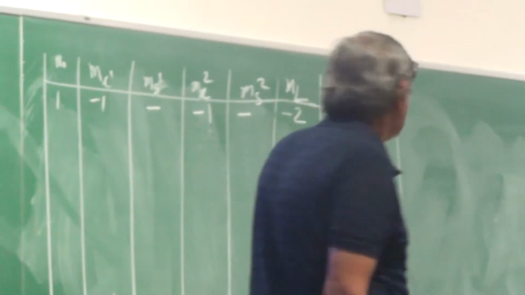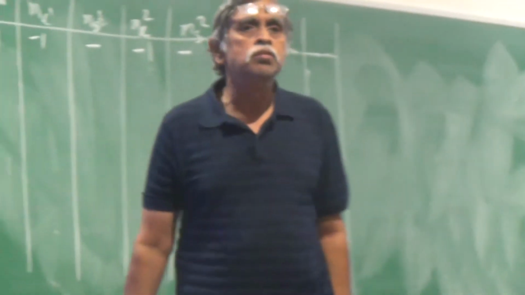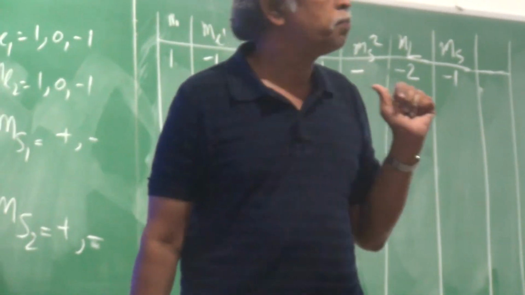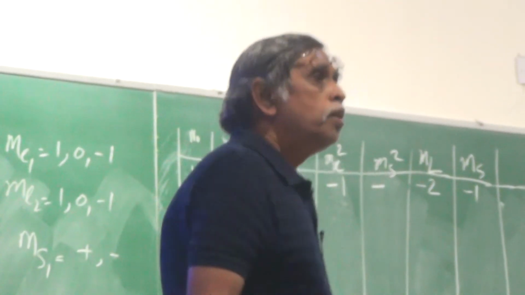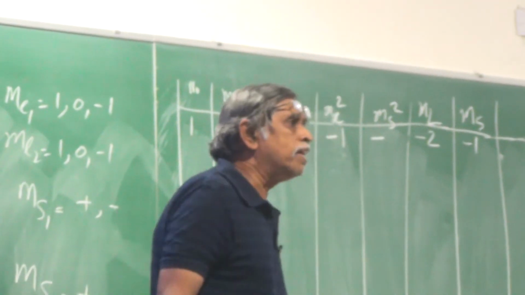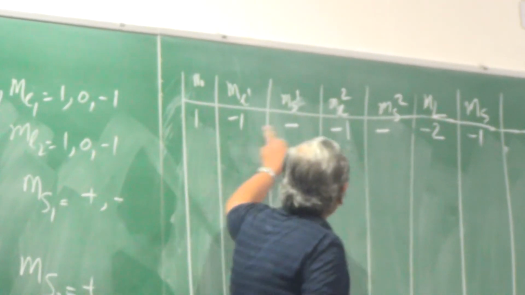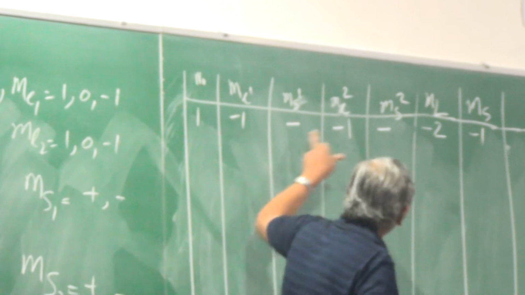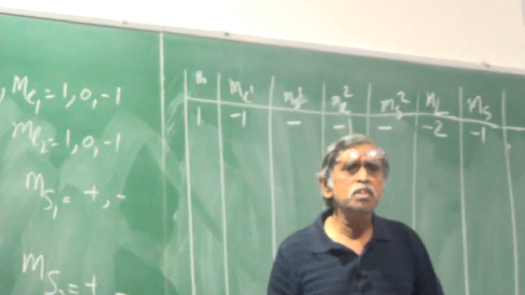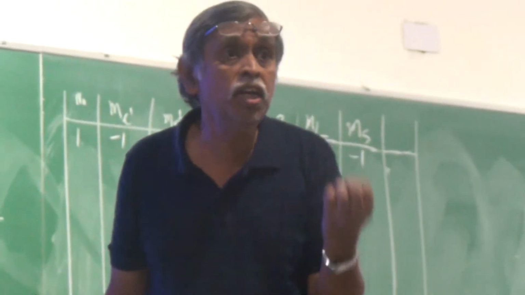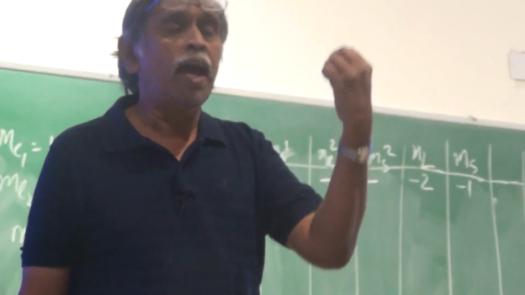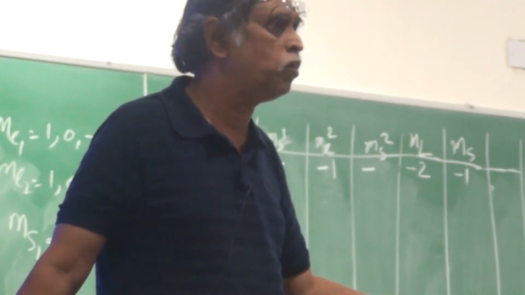Now tell me one thing, is this an acceptable combination? That's how we apply the Pauli principle here. No, because ML1 is the same in both cases, MS1 is the same in both cases. So essentially this configuration has N the same, 2, it's a 2p squared.